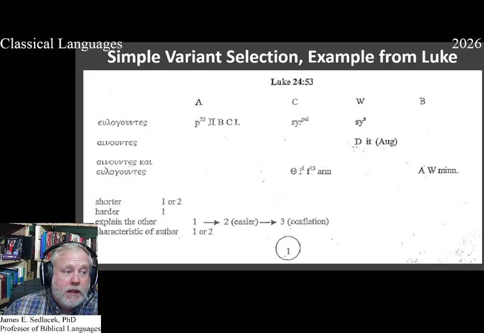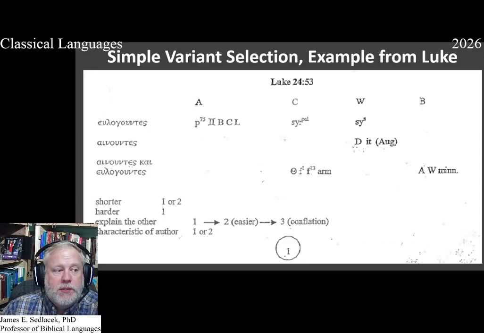You can probably argue that one both ways based on different linguistic evidence, but that's how this student argued. All right. When it comes to which one explains the other, since they believed Ainuntes was easier and Eloguntes was harder, they thought one led to two, and then both of them existing in the manuscript history led to three.